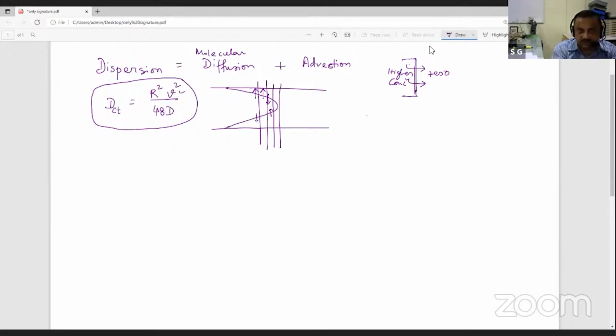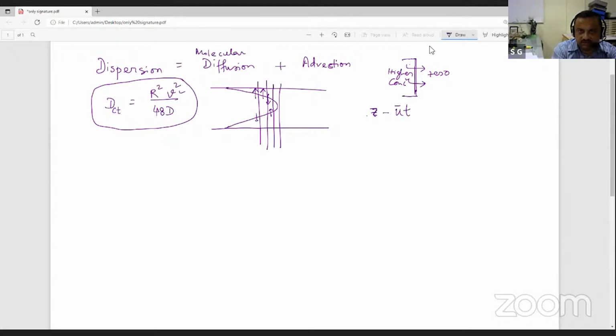The second point that we must work on is that the velocity term appeared in the error function, so somewhere we had z, that z has to be replaced by z minus u bar t.